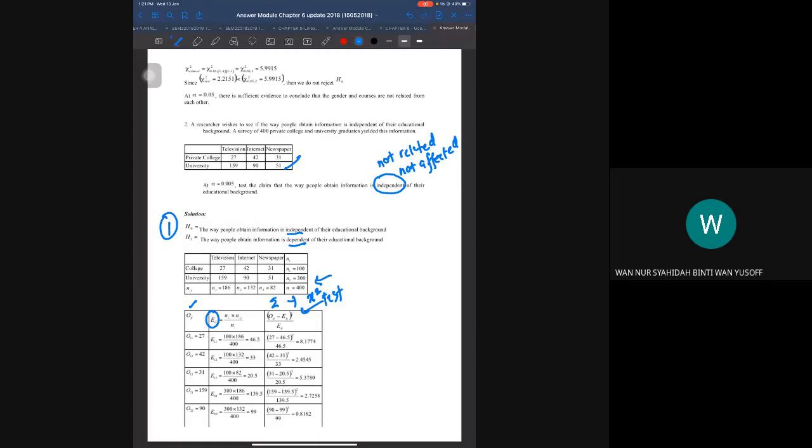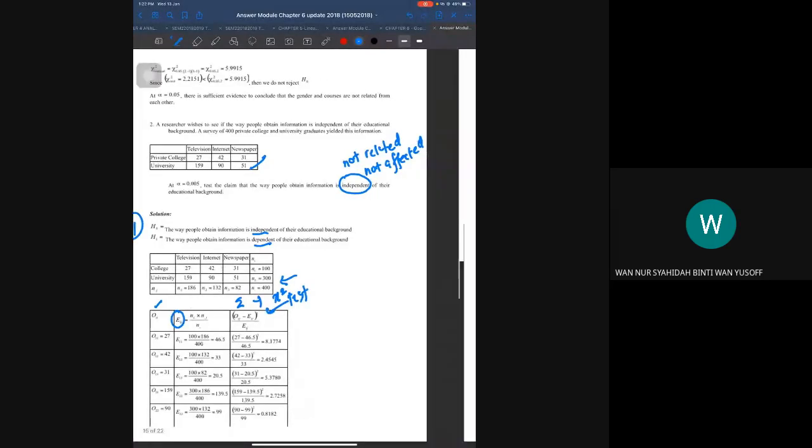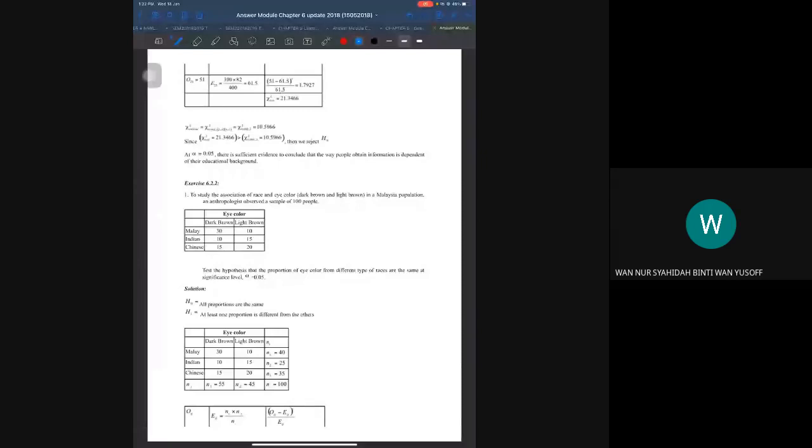Okay, that's it. We already discussed how to get the E just now by using the simple example. You should get your chi-square, this one. The summation of your third column here is your chi-square.